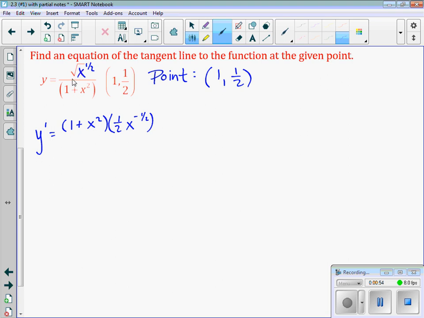There we go. So that's our low d high minus high d low. So what's d low? 2x. And then I put it over what? Bottom squared.